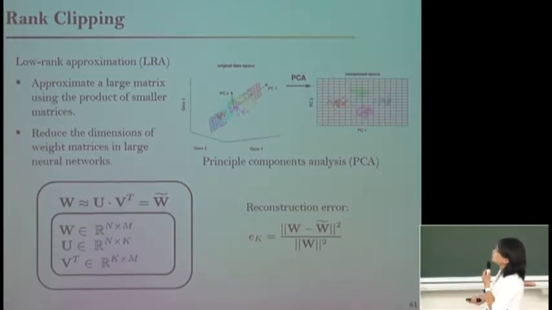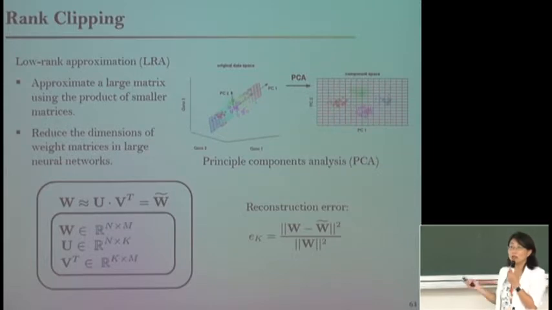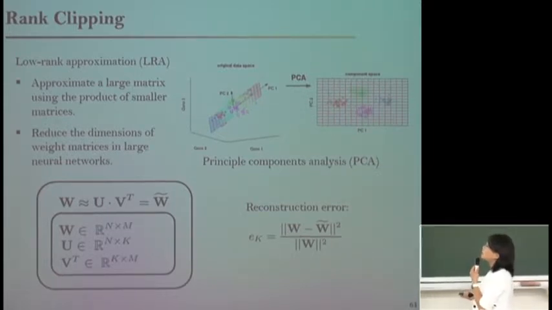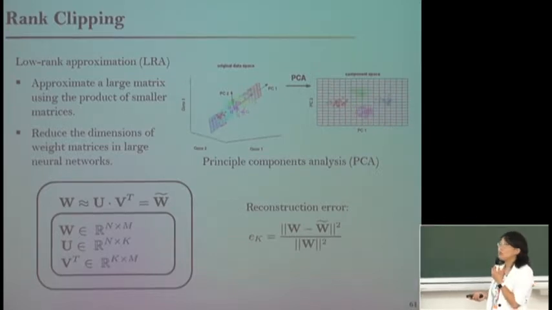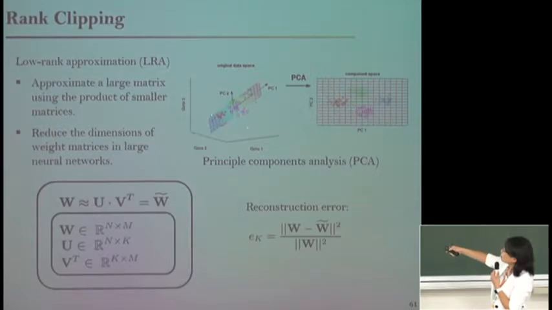For rank clipping, we apply the low rank approximation, LRA. I guess many of you have heard about low rank approximation. The concept is to approximate a large matrix using the product of smaller matrices. For example, I show a simple illustration for principal component analysis.